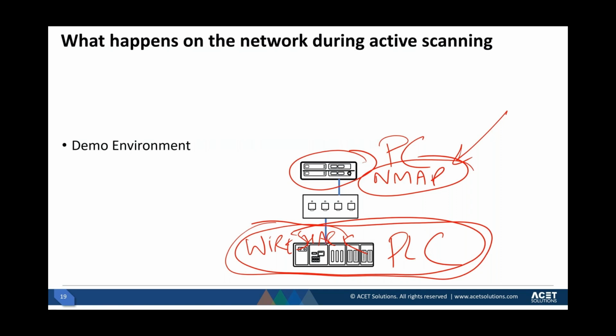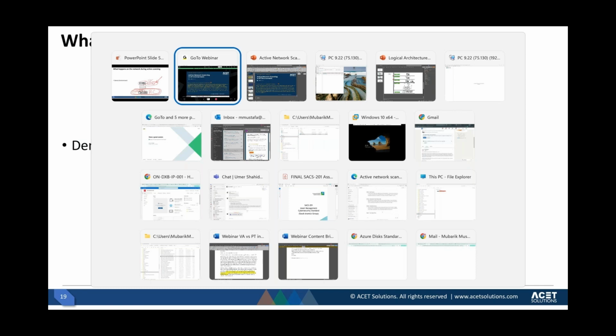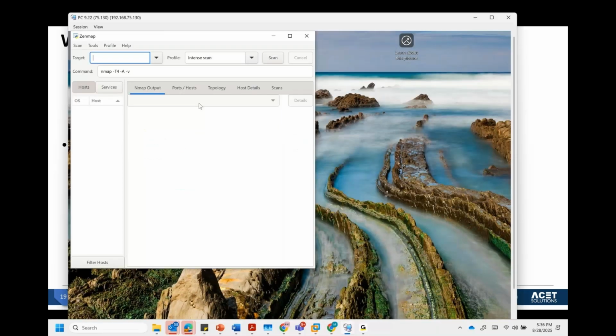So once again, a PLC and a PC having Nmap running with some active scanning commands that I'll execute, and Wireshark running on a pretend PLC, and it will show you what packets the PLC is receiving.